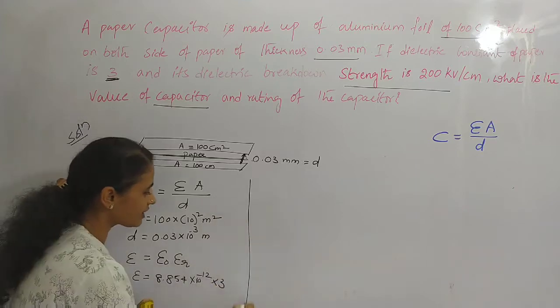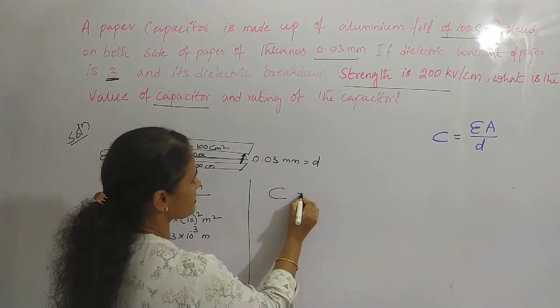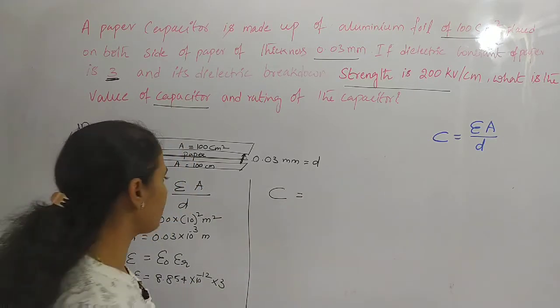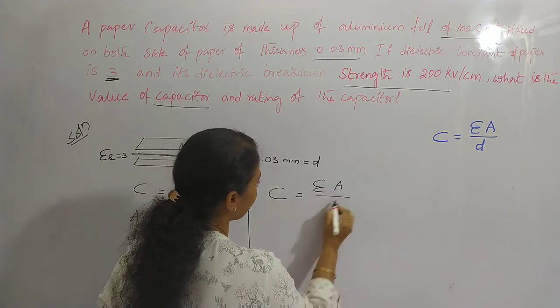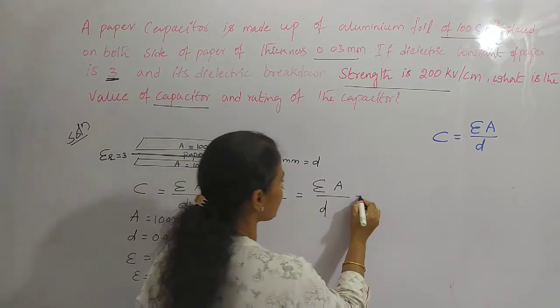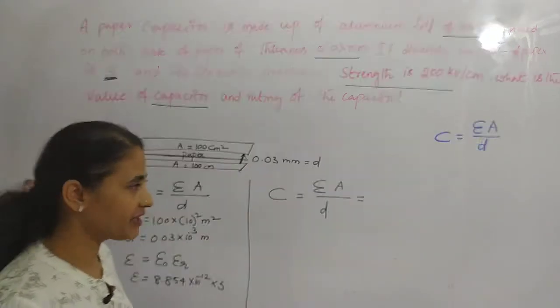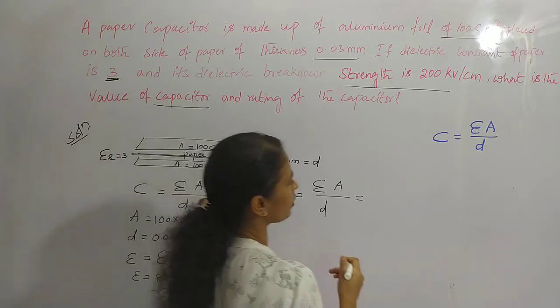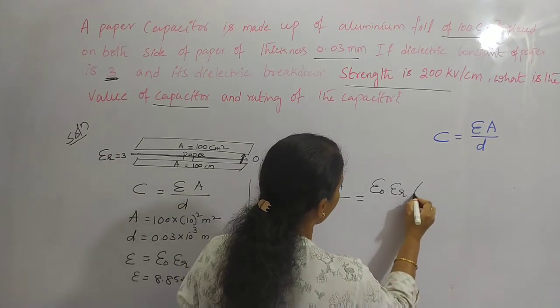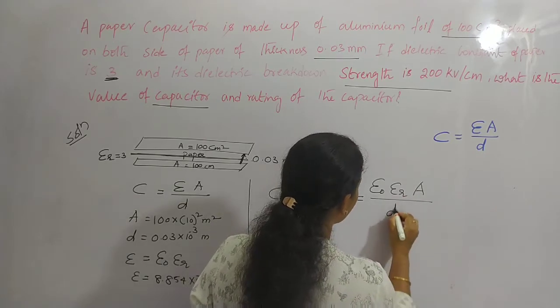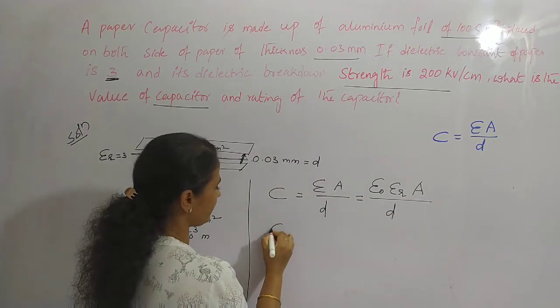Let us substitute in the formula of capacitance between two parallel plates, epsilon A by D. The permittivity of the medium between these two aluminum foils is epsilon naught epsilon r, and the area by the distance between those two plates.